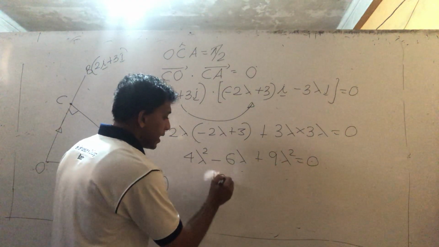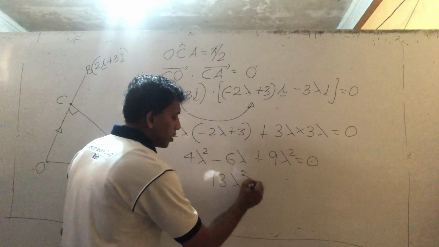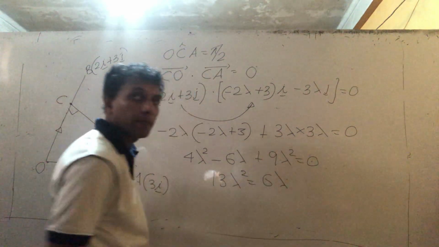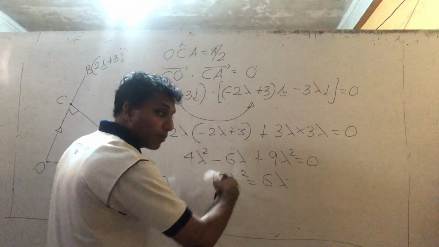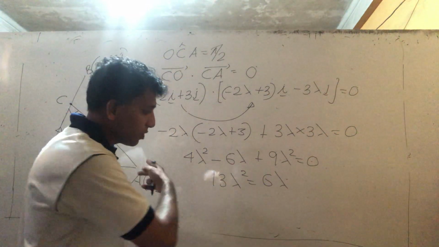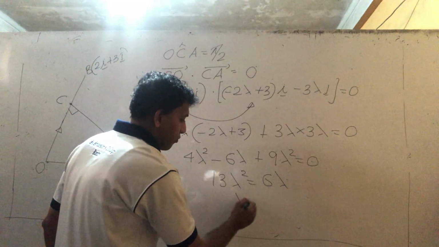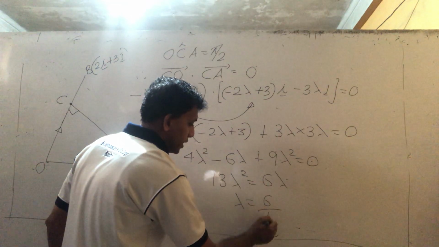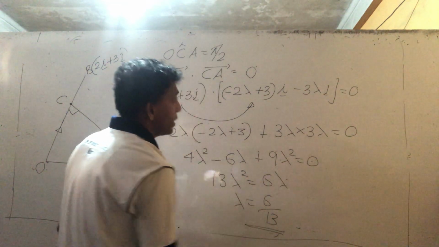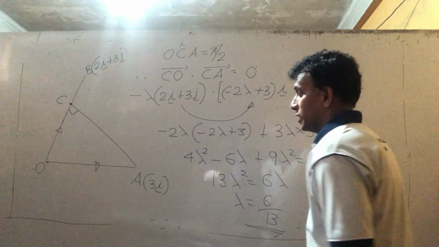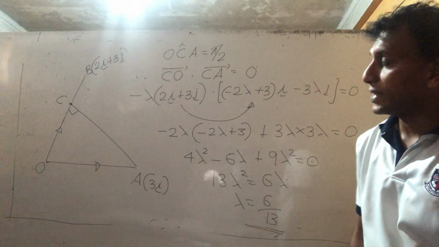So 13 lambda square equals 6 lambda. Cancelling lambda, which is not 0, we get lambda equals 6 over 13.